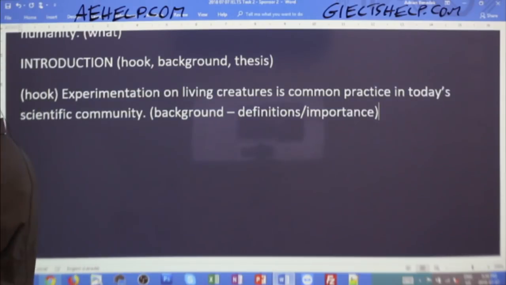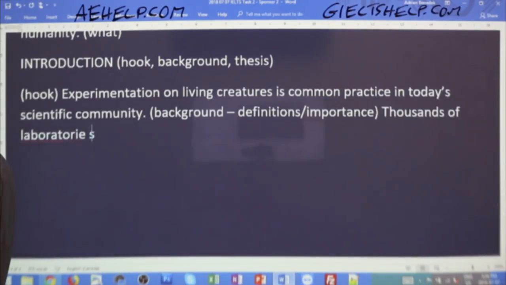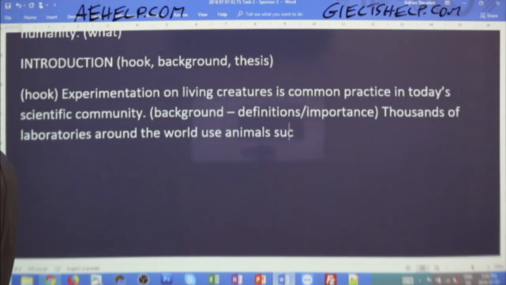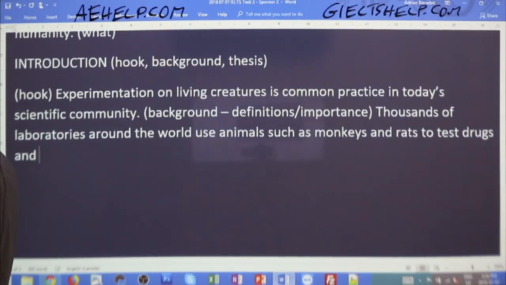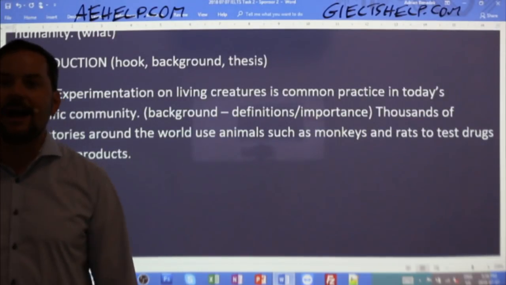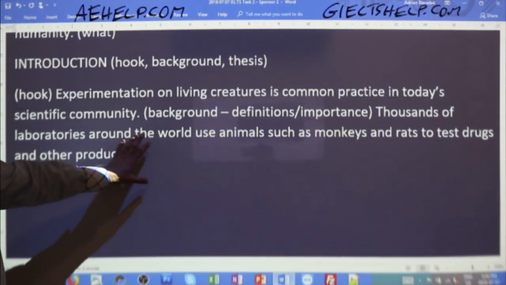So a definition would be thousands of laboratories around the world use animals such as monkeys and rats to test drugs and other products, right? So that would be a definition of what we're talking about.